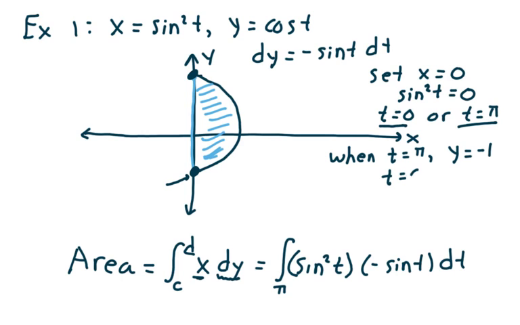When t is equal to 0, cosine of 0 is 1, so y equals 1. And so my upper limit will happen to be 0. And so you're going to integrate from pi to 0 of sine squared t times negative sine t dt. But remember that sine squared t is 1 minus cosine squared t.